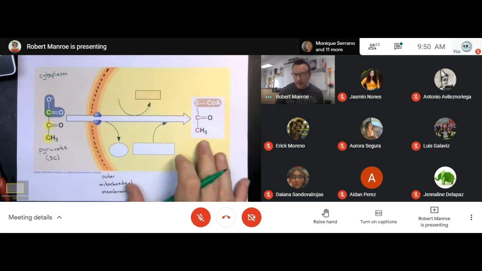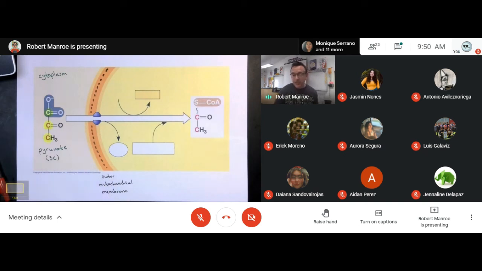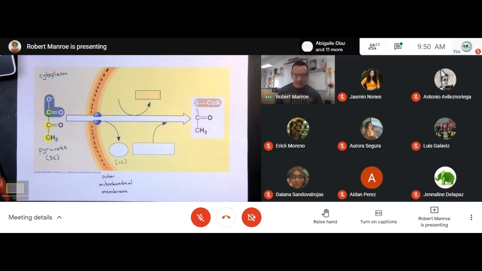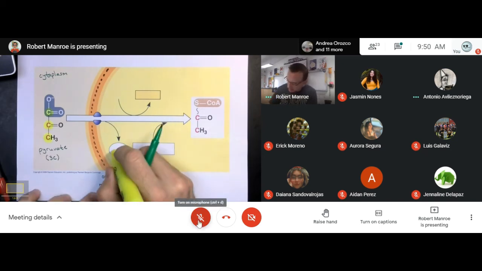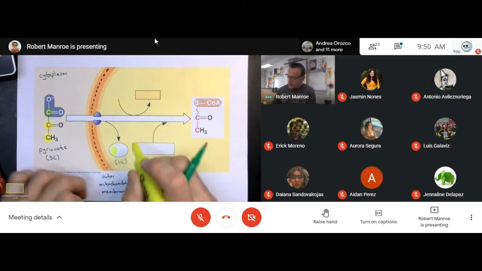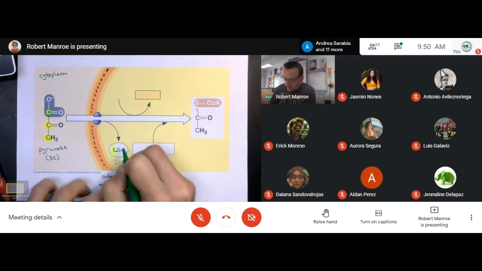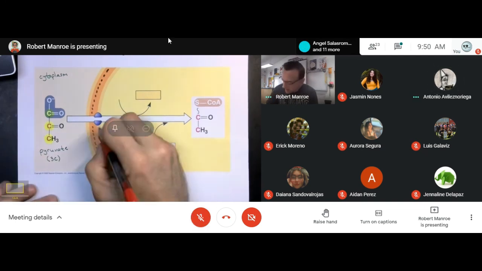There's your shuttle, a channel protein that transports pyruvate into the mitochondria. You then rip off 1 carbon. So what goes in that circle there? Carbon dioxide. And that carbon dioxide is removed by what process? Decarboxylation.